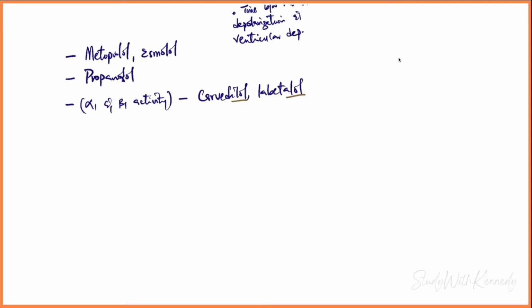Metoprolol and esmolol are beta 1 specific. So how do you remember them? You may remember your simple mnemonic A to M. Those that are A to M are beta 1 specific. Those that are M upwards or N upwards, something of that nature, are going to be more generalized, like propranolol, that's P. Metoprolol, esmolol, atenolol. Atenolol is also going to be pretty specific, right?